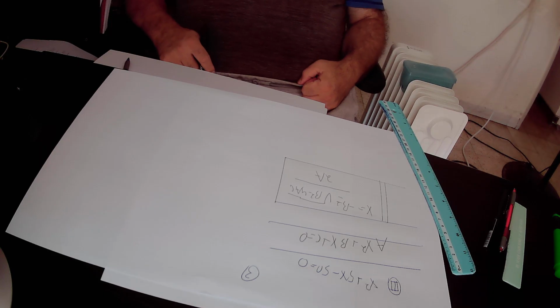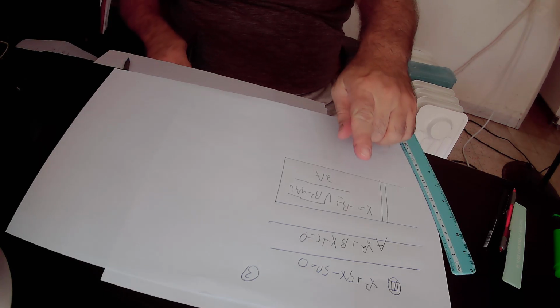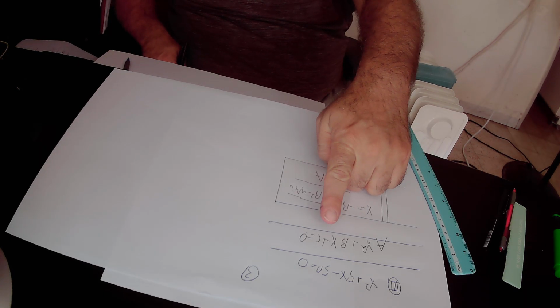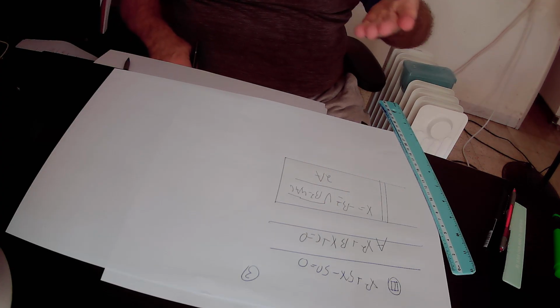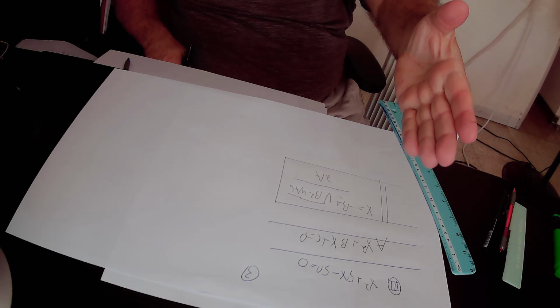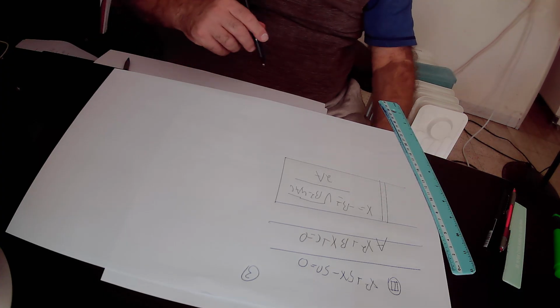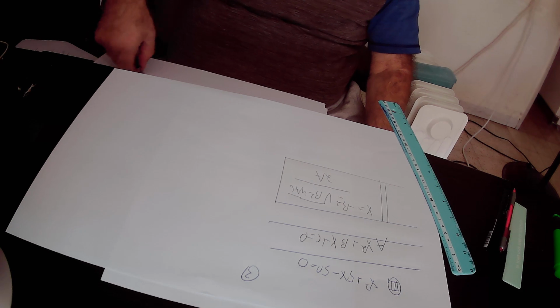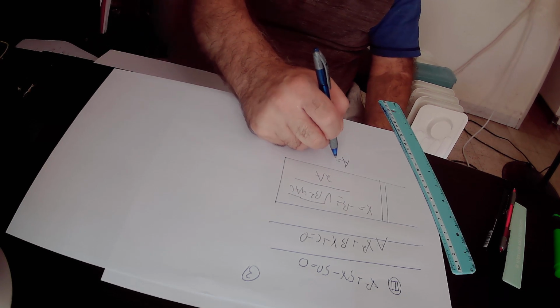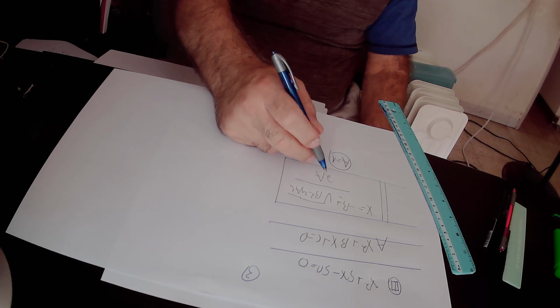In our specific quadratic equation, x squared plus 5x minus 50 equals 0, the variable that we are looking for is of course x. The coefficient a equals 1. The coefficient b equals 5.